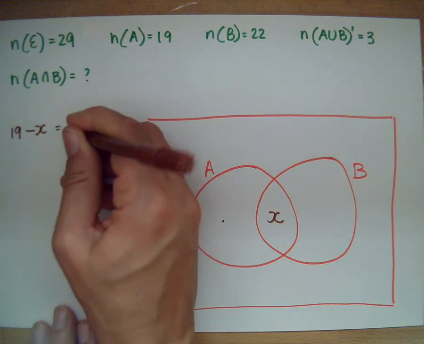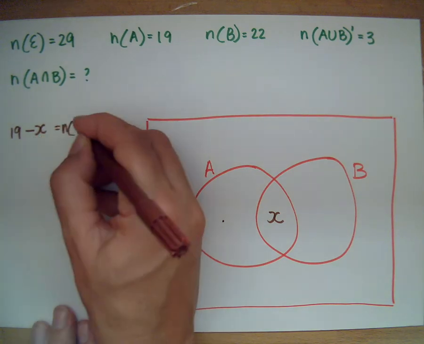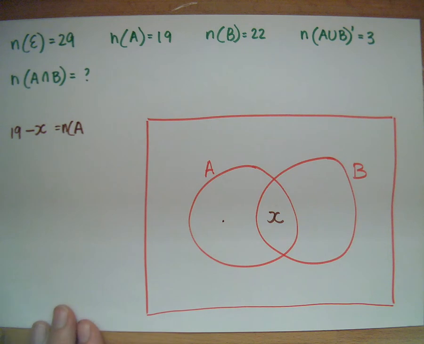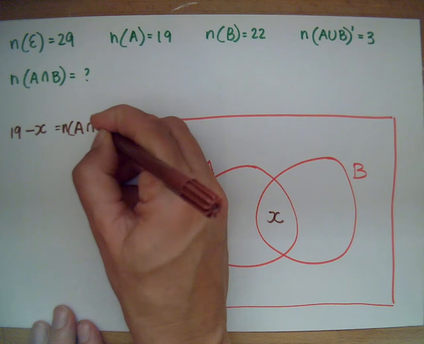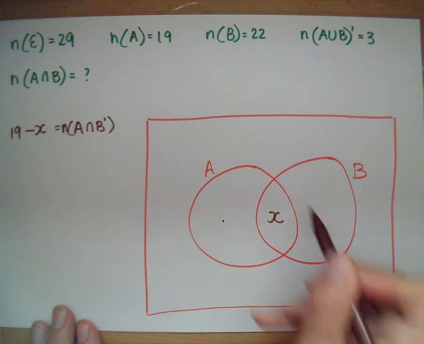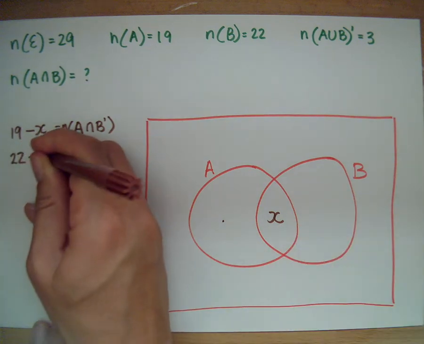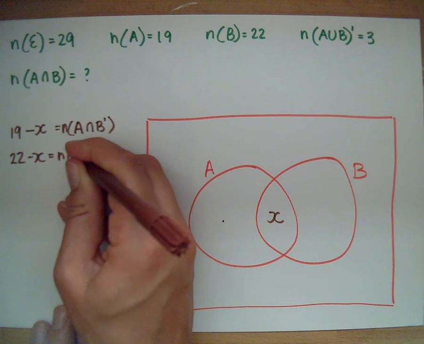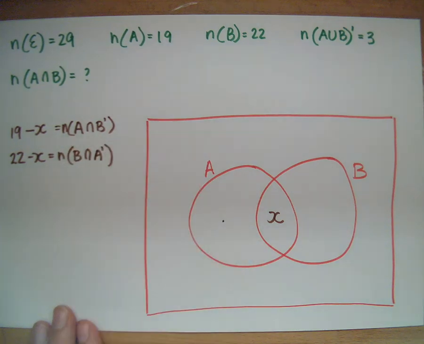So that's the number. I'm going to have to write that down. Number of students in art and at the same time not in biology. Okay, the same thing we can say for this side. The total number of biology students, 22, minus x. That's going to be the number of students that are in biology but not in art.